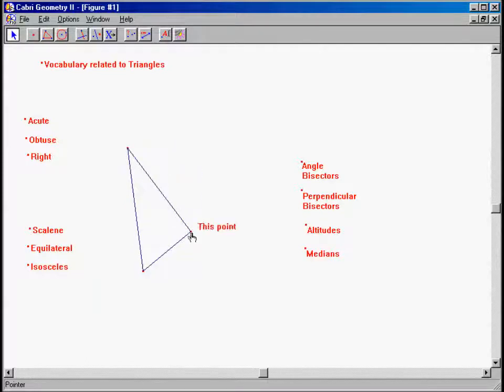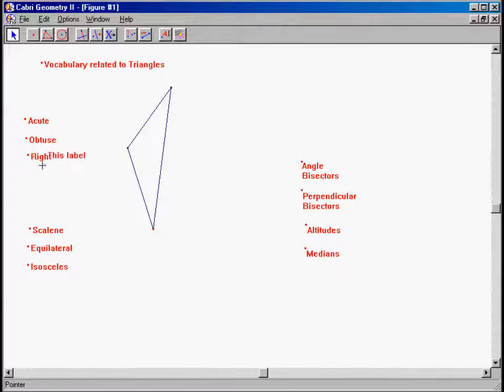So if I make one of the angles greater than 90, as this is, the other two angles must be acute, because a triangle only has 180 degrees to share. And if one of them is greater than 90, the other two must be acute. But an obtuse triangle has to have an obtuse angle.